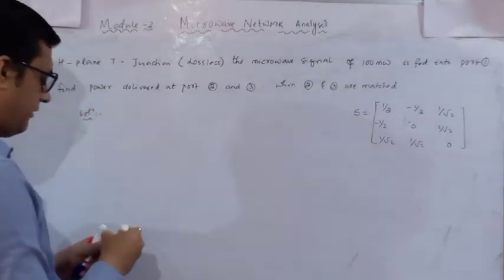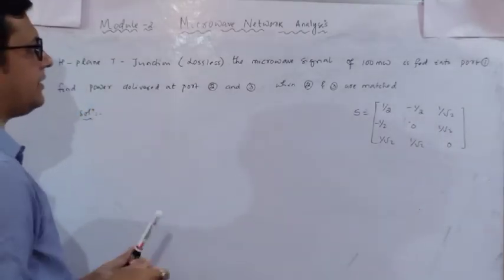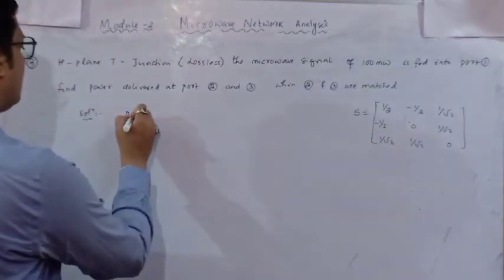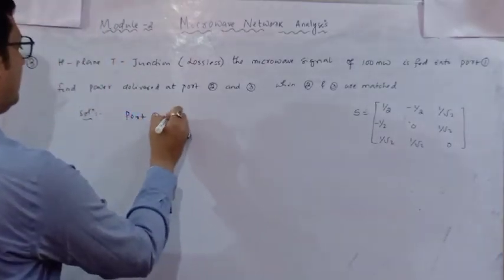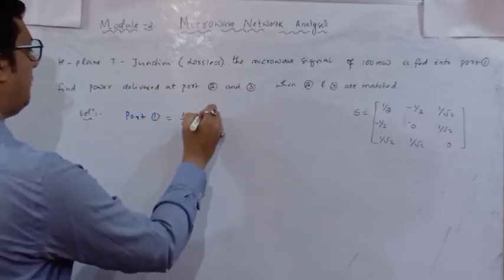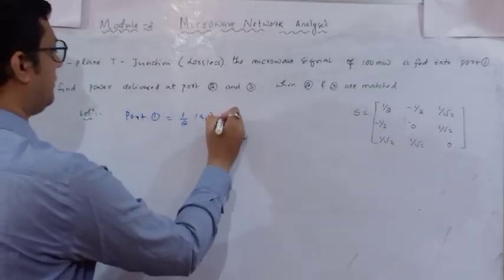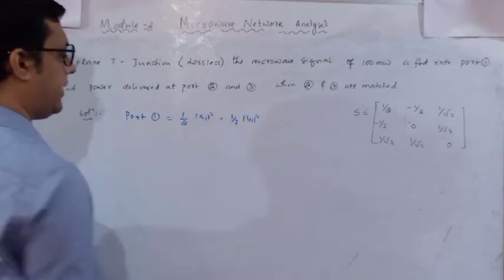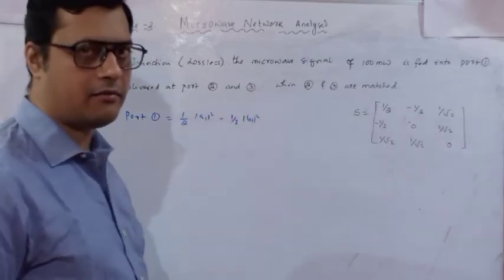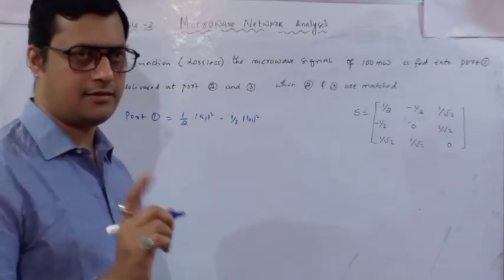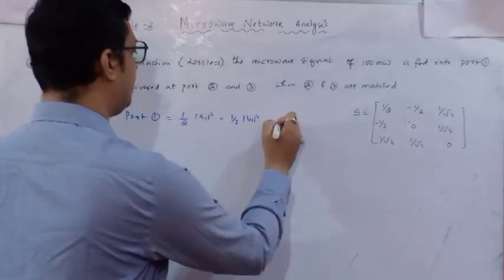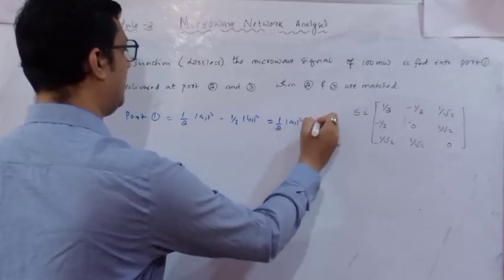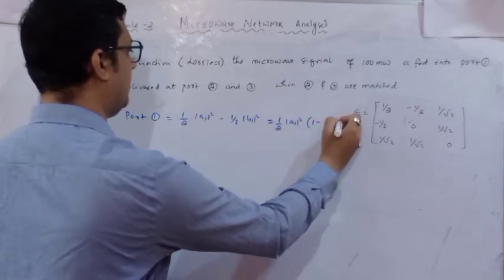Next, as per the given question, you have to identify the power available at port 1. So port 1 power is half mod A1 square minus half mod B1 square, incident power minus reflected power, because port 1 is not matched. So you can write half mod A1 square whole into 1 minus S11 square.